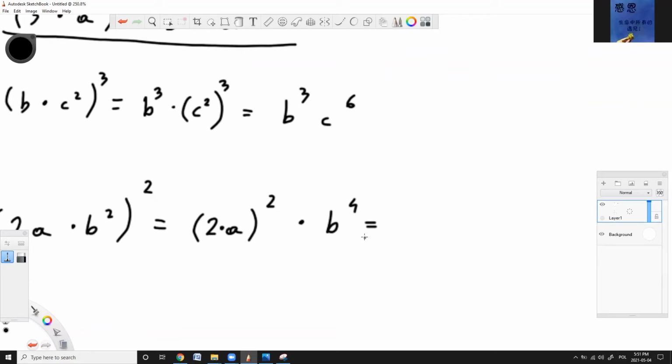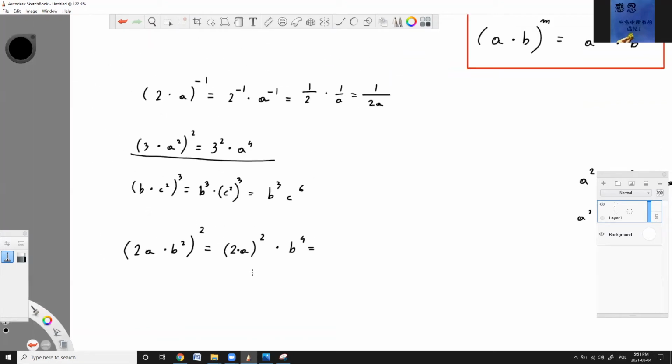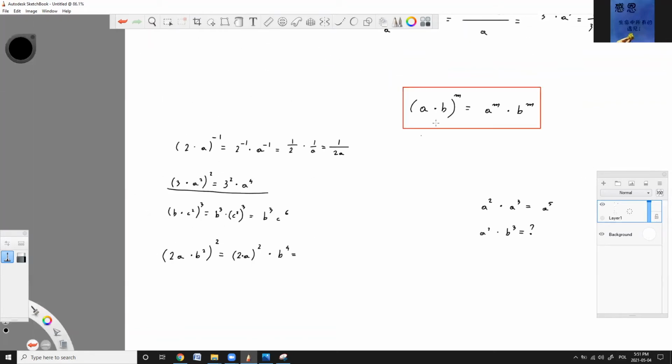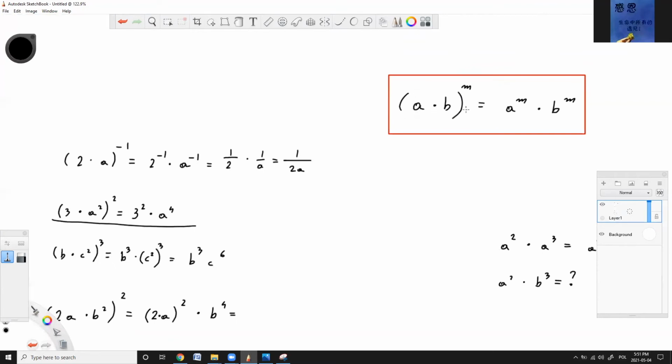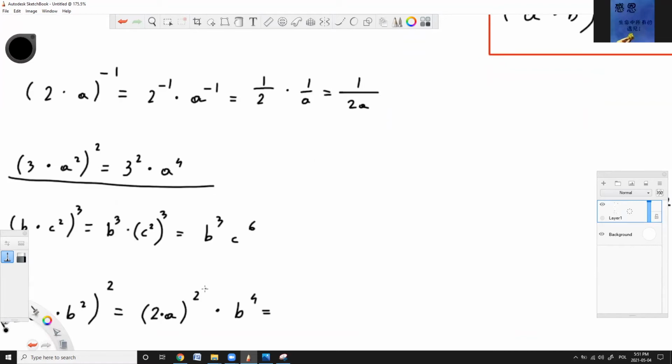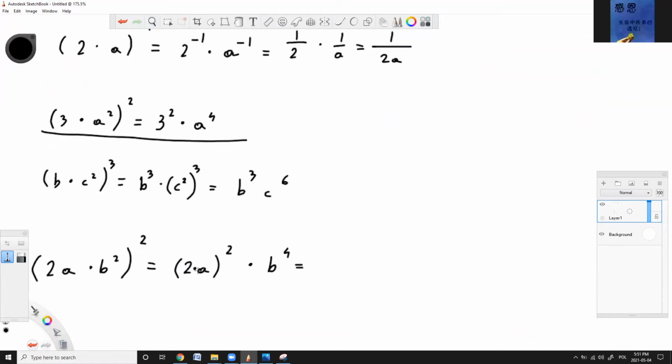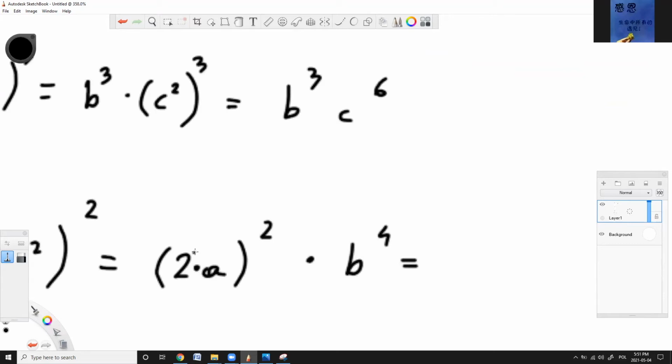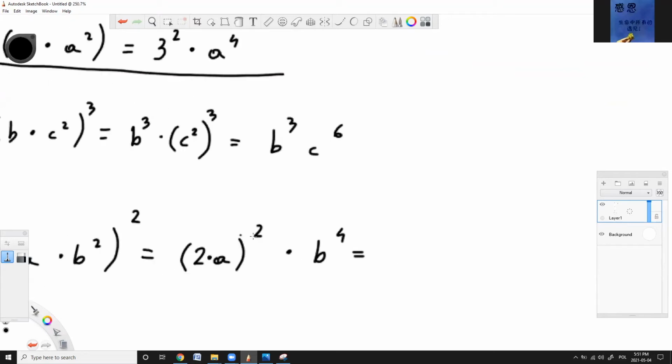Give it a try, Alan. Take a look at the law here. You have to apply the exponent to all of the numbers inside. So 2 needs a square and a needs a square as well. Is it clear?